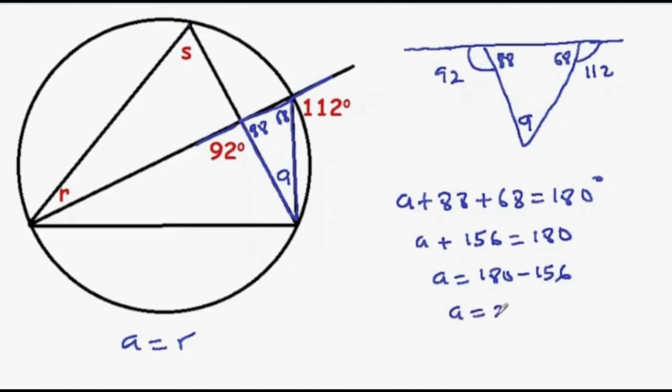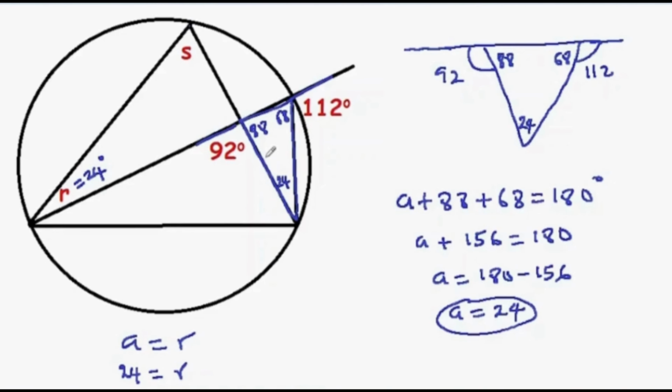A is equal to 24 degrees, so we put 24 here. Remember we said that A is equal to R. Since our A is 24, therefore R is equal to 24 degrees.